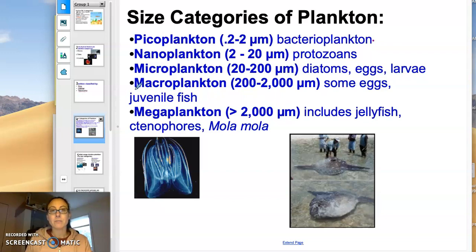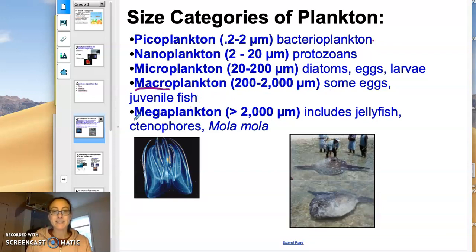Macro, so what we might think of as large, is still like maybe 2 centimeters in size. So 2,000 microns is about two centimeters. We're talking again fish, larvae, and eggs and things like that.